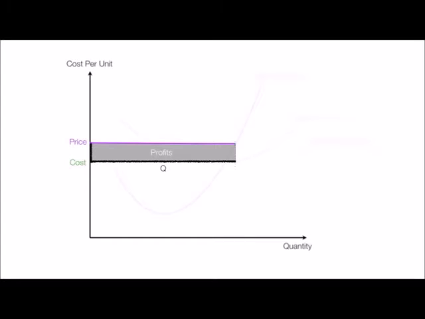And the height is simply price minus cost. So it turns out quantity times (price minus cost) is equal to profits, or the area of that gray rectangle.